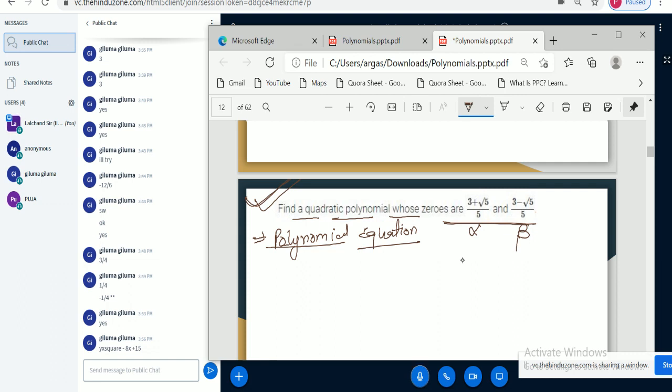First find alpha plus beta; I can also write the equation like x square minus Sx plus P equal to 0. So what is the value of S? S is simply the sum of these two: (3 plus root 5) by 5 plus (3 minus root 5) by 5. If I take the LCM, what is the LCM? 5.